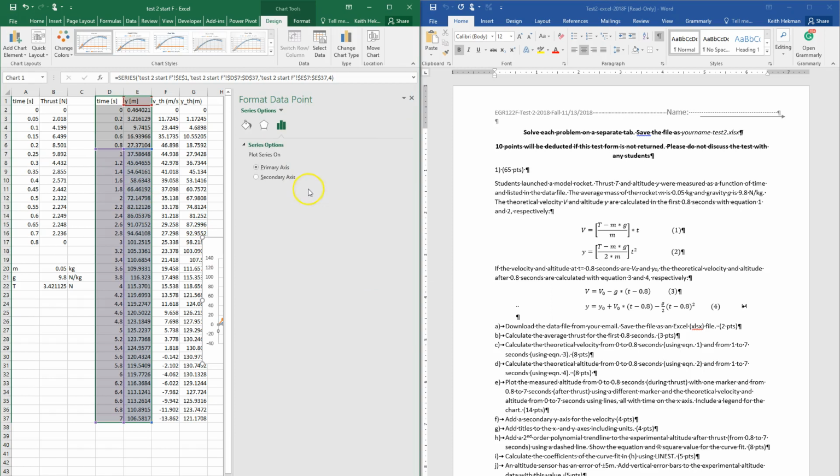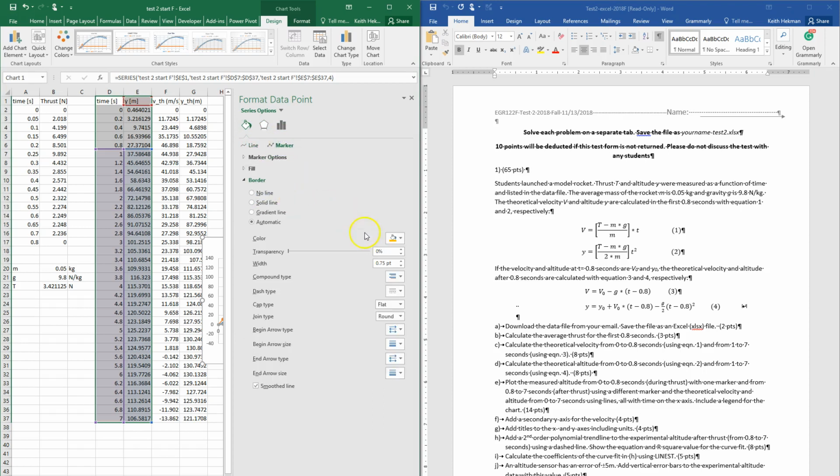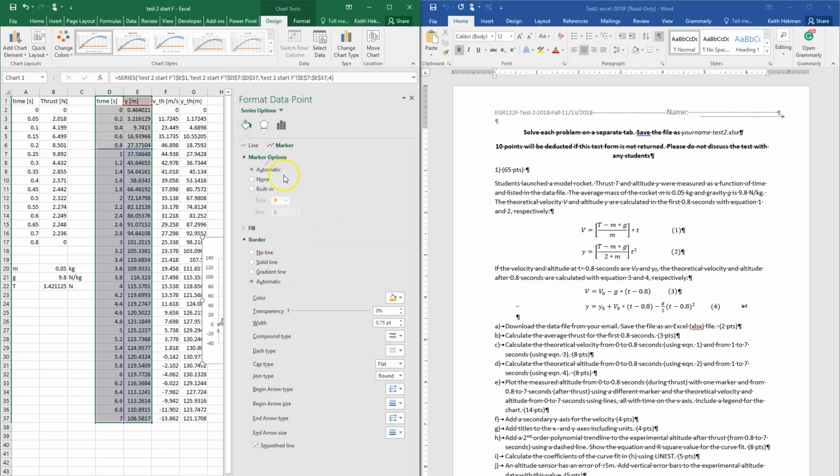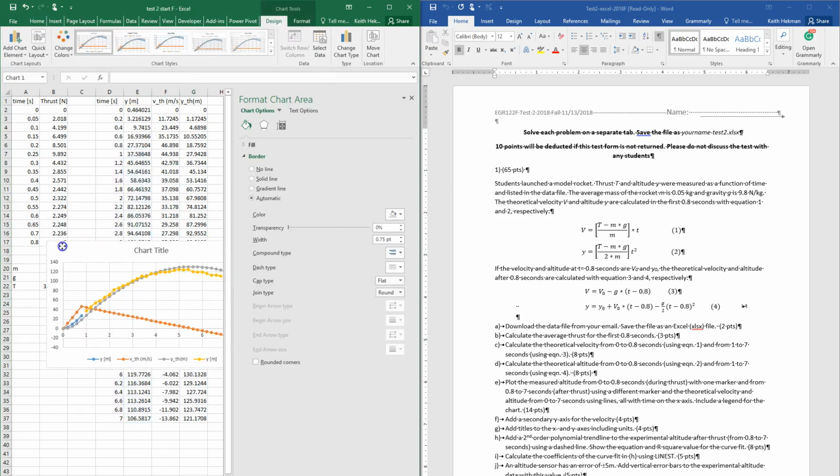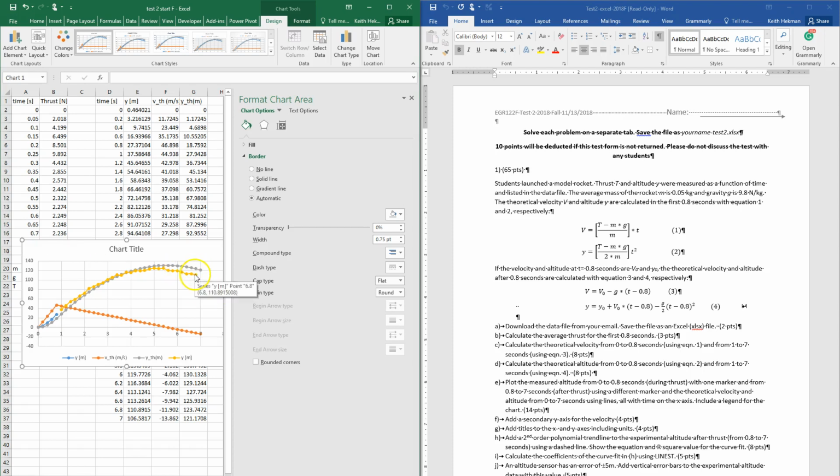And if we double click on this, we want these to be no line. I canceled out of it.